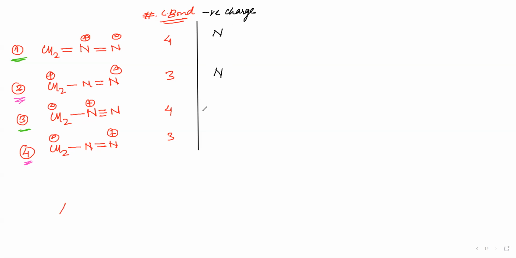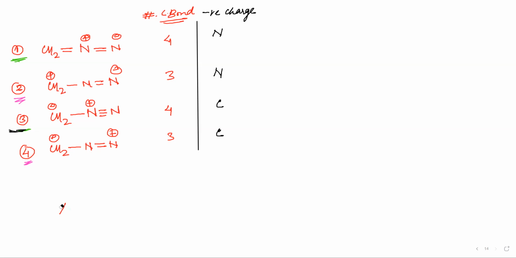What about the third structure? Where is the negative charge? It is on carbon. You will not say CH2, you will say carbon from now. What about the fourth structure? Carbon. Now we are done.